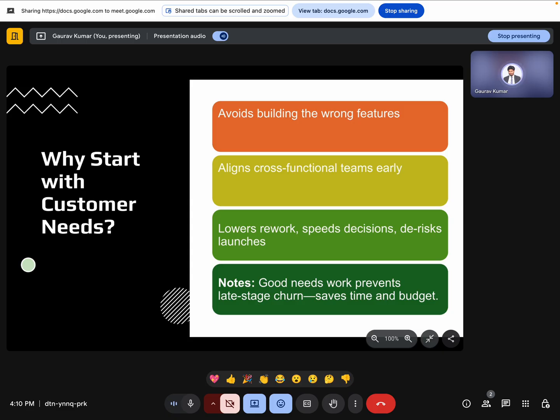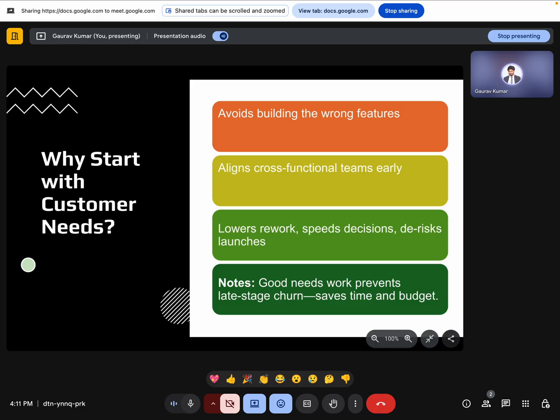In a domain like assistive technology, this is more than efficiency, it's responsibility. A missed need can compromise safety, dignity, or independence. It is always cheaper to refine a sentence in a need statement than to retool a mechanism in late-stage prototyping.